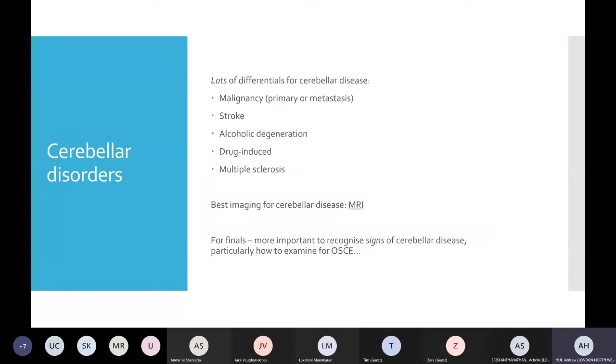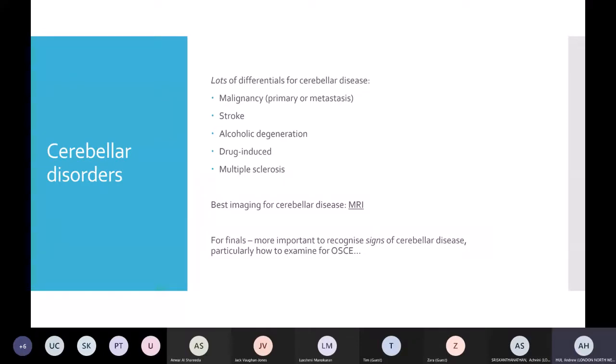But cranial nerve 6, especially in your SBA type questions, is usually associated with raised intracranial pressure. It does have quite a long intracranial course, which makes it susceptible to changes in intracranial pressure. But with malignancy and the potential for metastasis, we need to exclude other pathologies too. And one of them would be cerebellar disorders, of course.